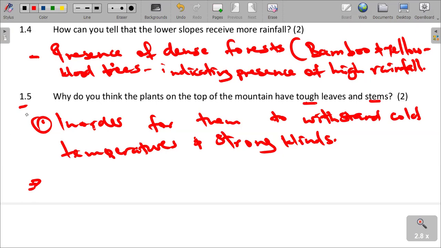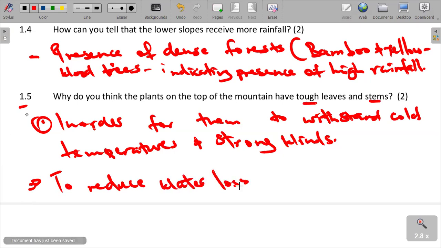So the groundwater for these trees to survive is not readily available; it is very low. So they have those characteristics in order to reduce water loss in harsh and dry conditions.